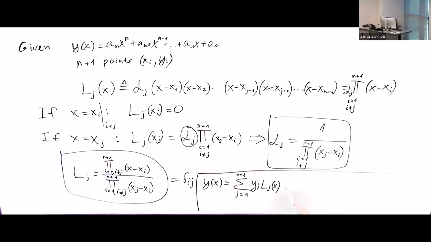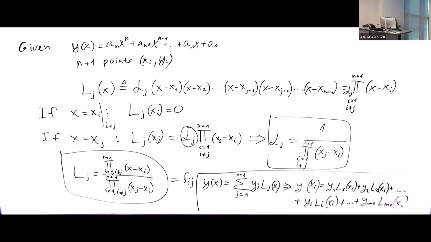If you write it explicitly, at a given particular point xi, it will be that linear combination: y1 L1 xi plus y2 L2 xi and so on until you get plus yi Li xi, and you can continue to the last term, which will be yn plus 1 Ln plus 1 xi, practically opening that sum, okay?